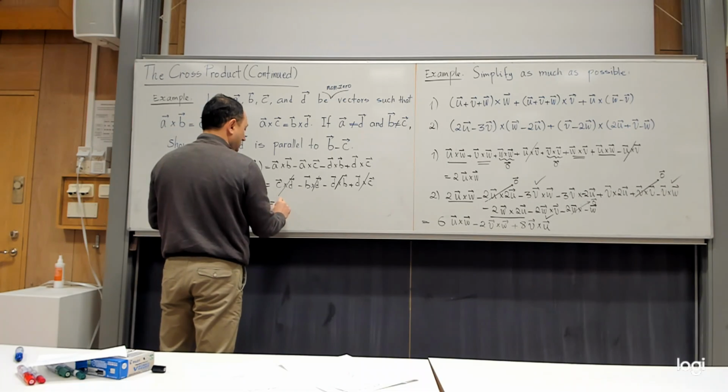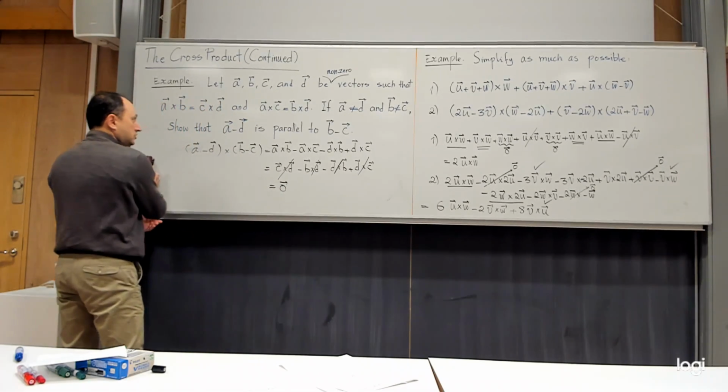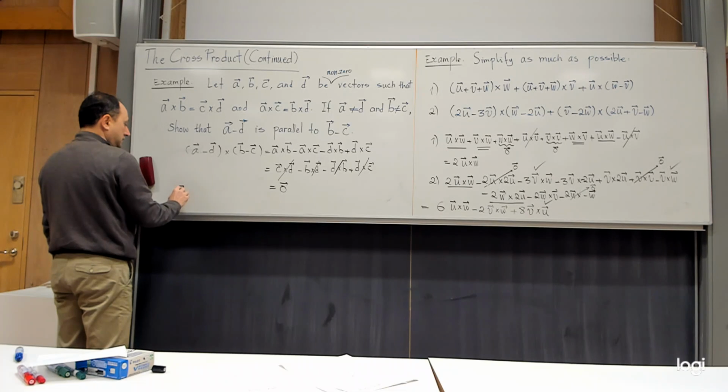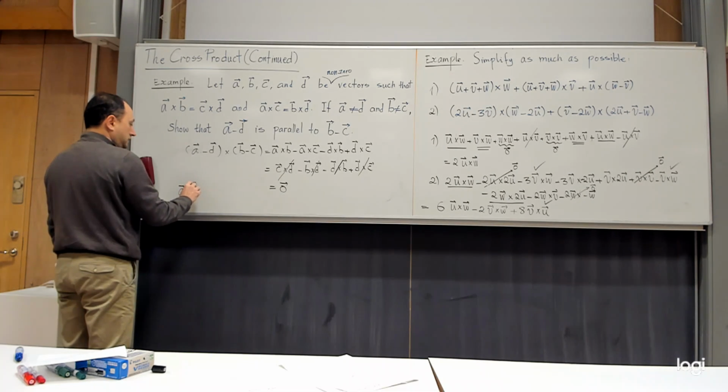So the answer is equal to 0. But A minus D is not the 0 vector.